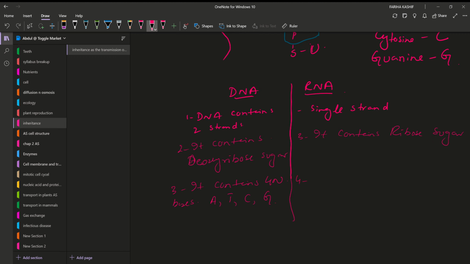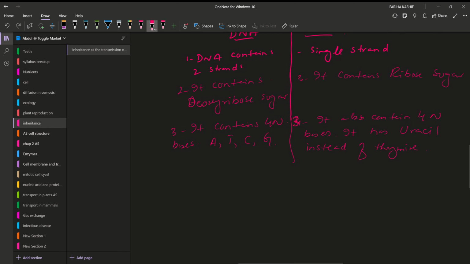And RNA also contains 4 nitrogen bases: adenine, cytosine and guanine, and it has uracil instead of thymine. That's it. Clear?